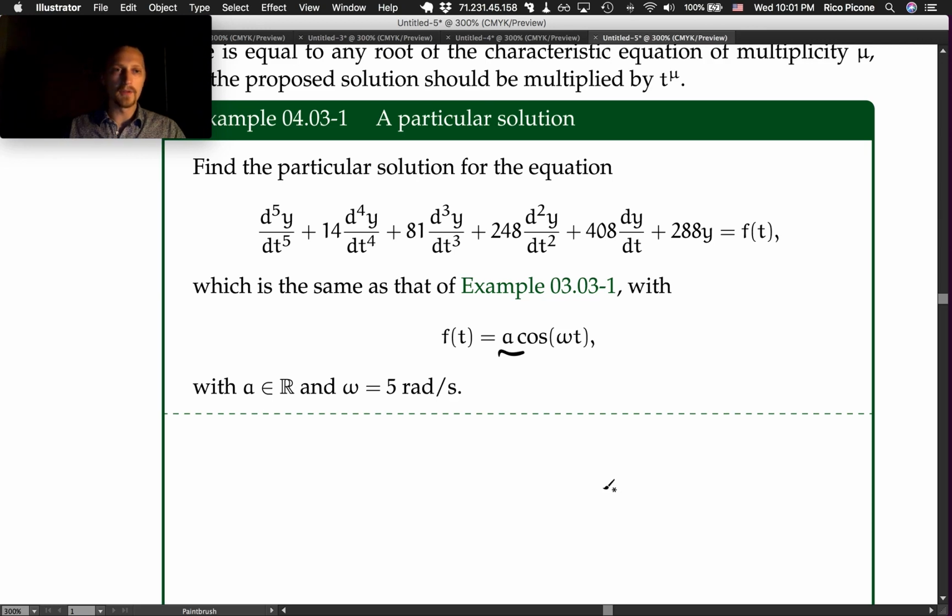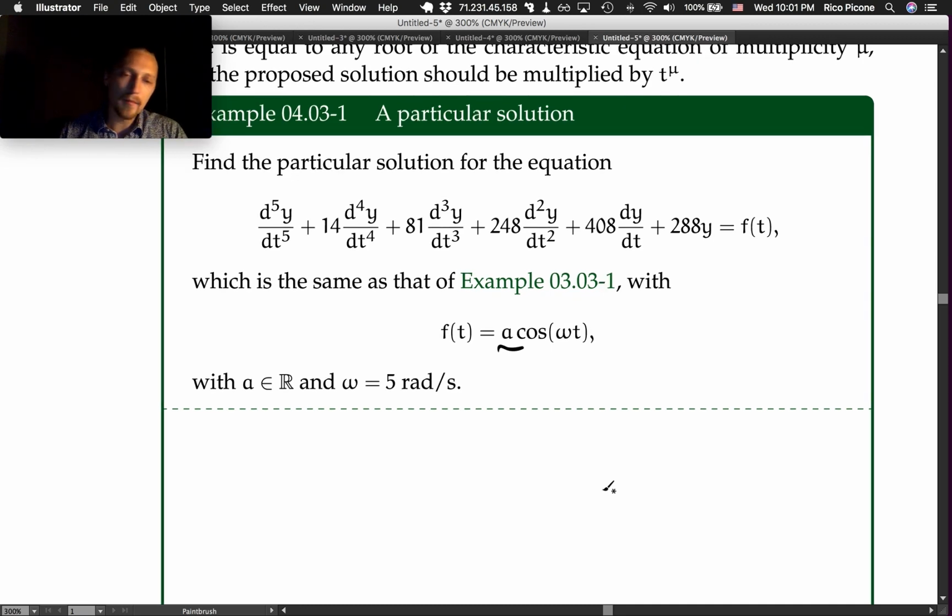And because this is the same problem I gave in the other lecture, we already found the homogeneous solution. What we're really going to test, remember those test values, is whether they're equal to any of the roots of the characteristic equation, any of those lambdas. So let's just rewrite our lambdas.